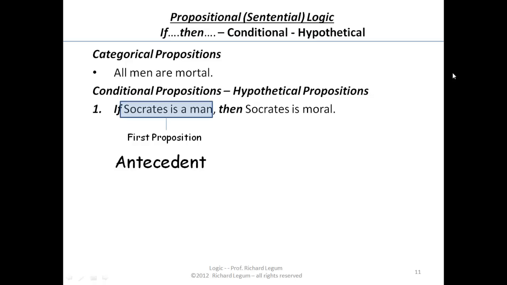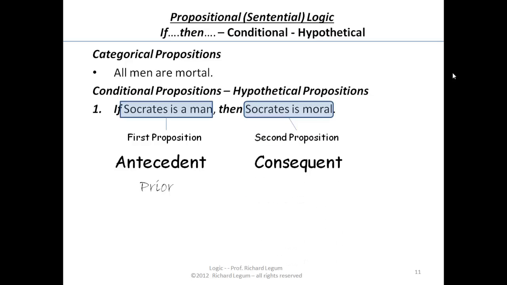Ante, the prefix that means before, so it's what comes before the then. And then we have the second proposition in the conditional, which is known as the consequent. Familiar with the word consequences? What happens as a result of doing something else? Well, this second proposition is the consequence, and it follows as a result.